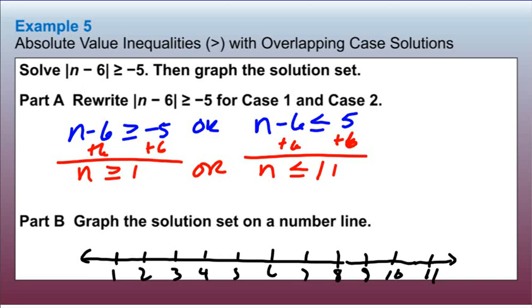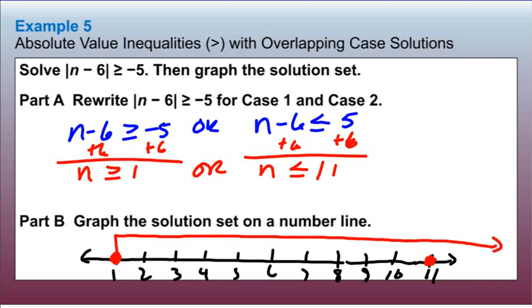We have a filled-in circle on 1 and a filled-in circle on 11. And it says that it has to be greater than 1 or less than 11. So that means it goes greater than 1, or it could be less than 11. So you'll see that they overlap each other, but it keeps going in both directions.